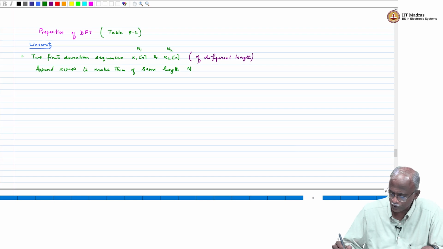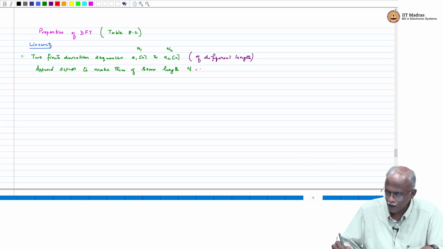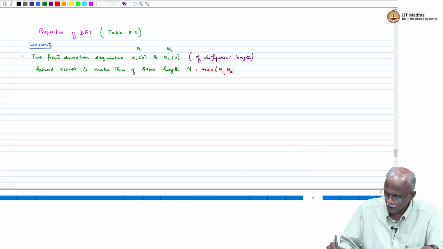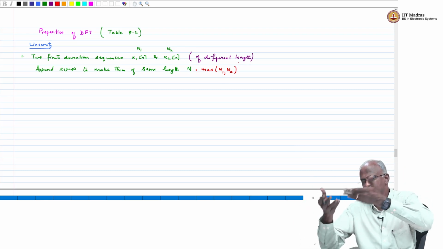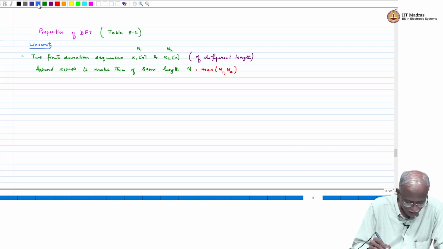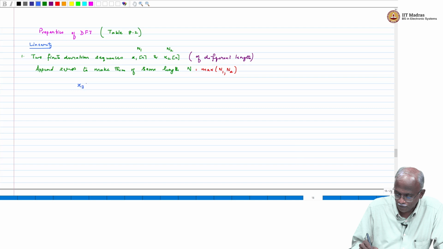So we can choose N to be equal to the max of N1, N2, and you can always add zeros to the sequence that is shorter in length. Of course, you can choose something even larger than this, but at a minimum it should be the maximum of these two. If you have chosen in this fashion, then x3 of n, which is equal to alpha times x1 of n plus beta times x2 of n.